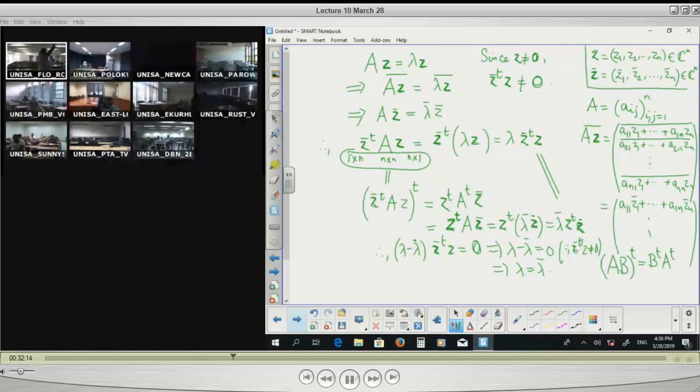And in such a strange case, we will never be able to diagonalize it. Okay? So the question is therefore, how do we ensure, so we have to ensure somehow that the algebraic multiplicity and the geometric multiplicity of the eigenvalues of a real symmetric matrix are the same. Okay? So that's the next theorem.